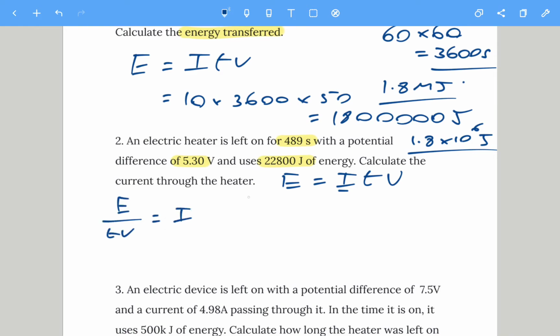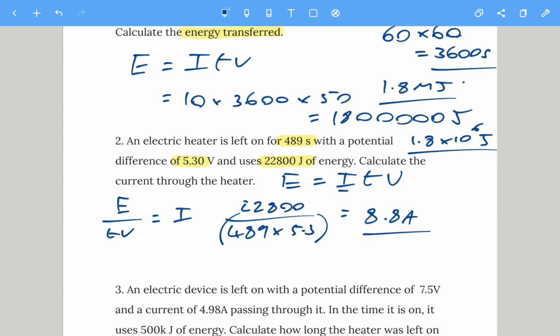And that'll give you your current. So energy is 22,800 divided by time times voltage. So 489 times 5.3. If you put that in your calculator, you'll get the answer, which is, to two significant figures, 8.8 amps.